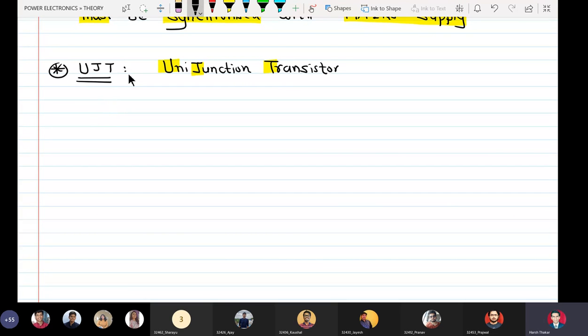So first point, it is an active component, it's a semiconductor device.